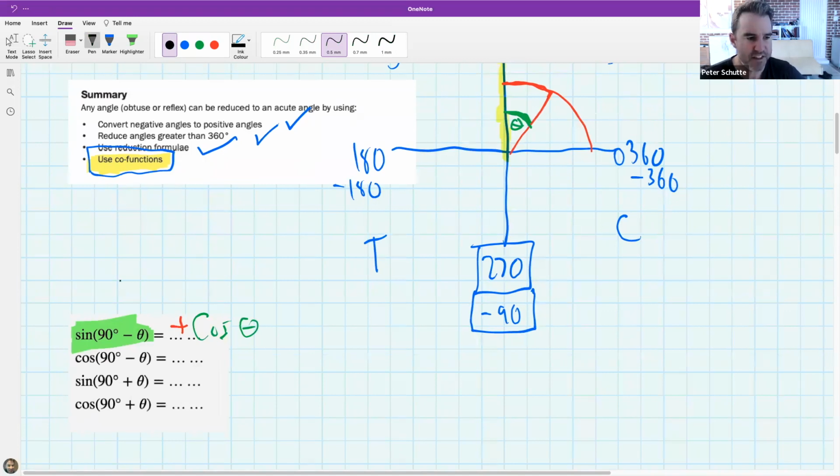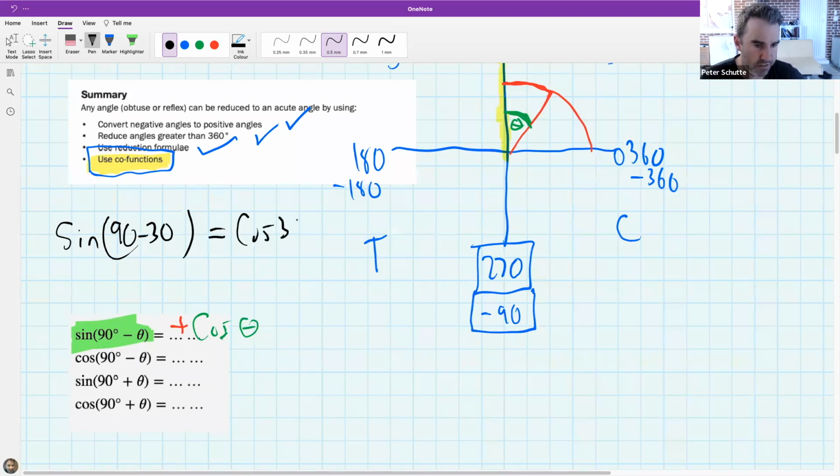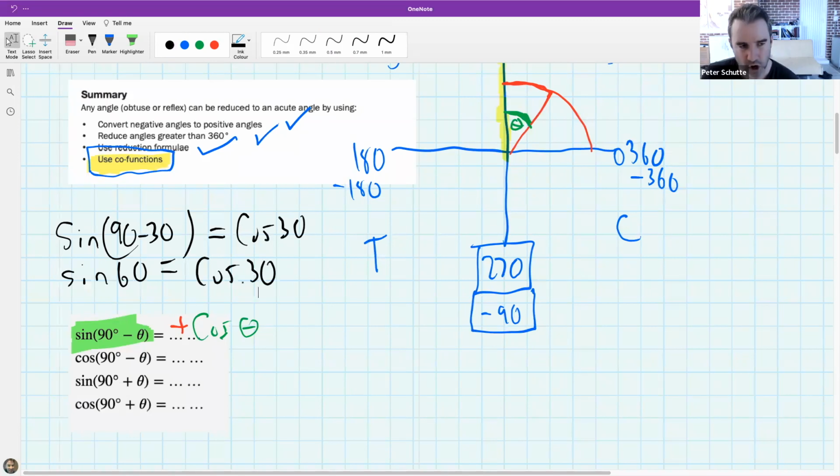Let's pretend that theta is 30. Then I would get the sine of 90 minus 30 should be the same as the cos of 30. So this is saying that the sine of 60 is the same as the cos of 30. Now I want you to go to your calculators and give me a thumbs up if the sine of 60 is really equal to the cos of 30.